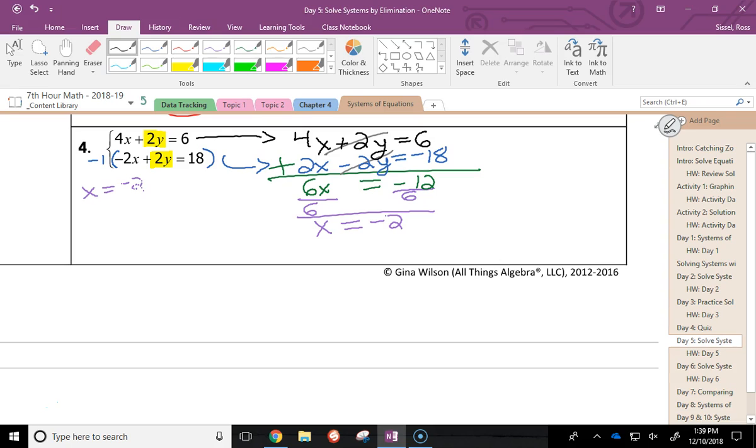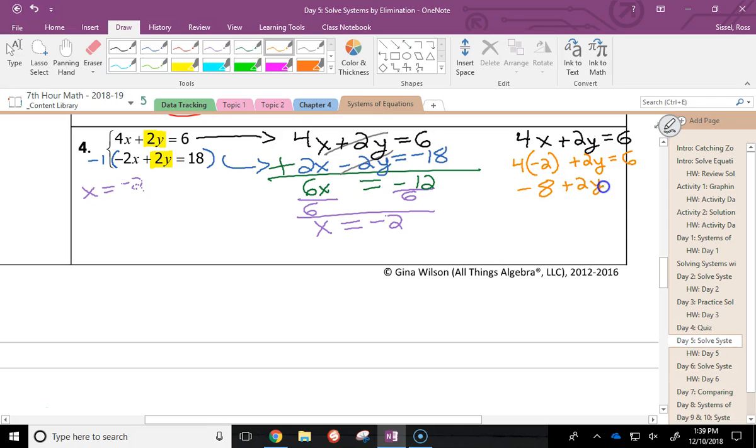I then put this into an equation. I'm going to use the first one because it's positives. So 4x plus 2y equals 6. I will rewrite it as 4 times negative 2 plus 2y equals 6. I substituted my negative 2 in for my x. 4 times negative 2 is negative 8 plus 2y equals 6.